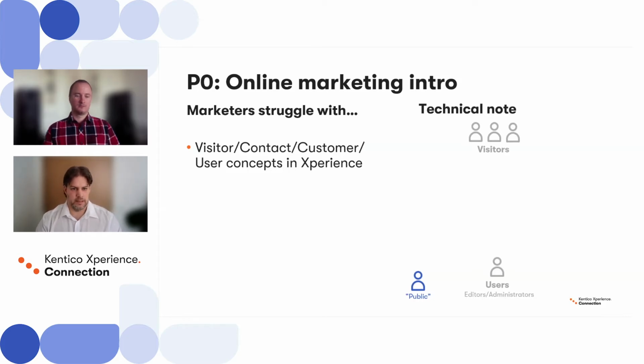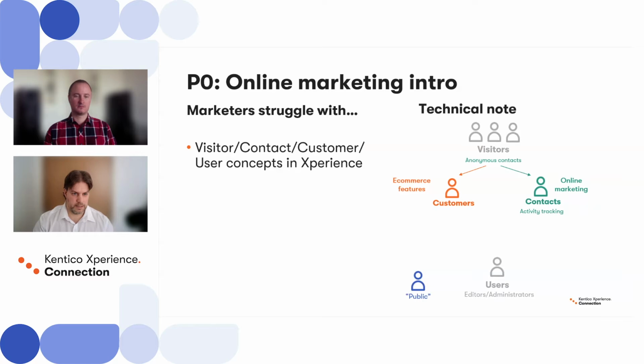If the website is using online marketing features, then visitors who come to the website and agree with tracking become anonymous contacts, and when they identify themselves, for example, by submitting a form, they become regular identified contacts. If the website is using e-commerce functionalities, visitors who come to the website and purchase something become customers.